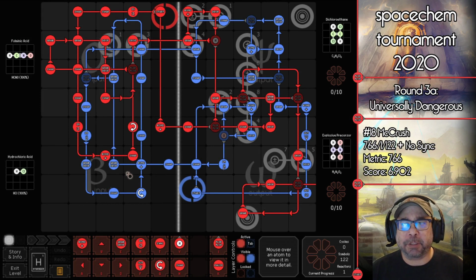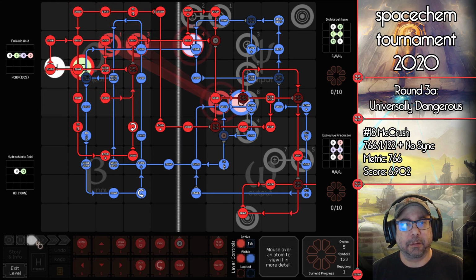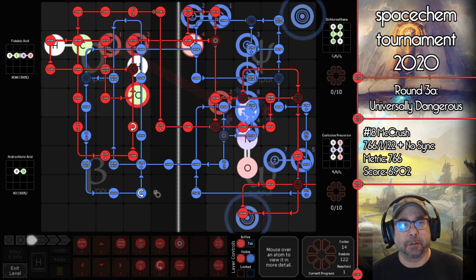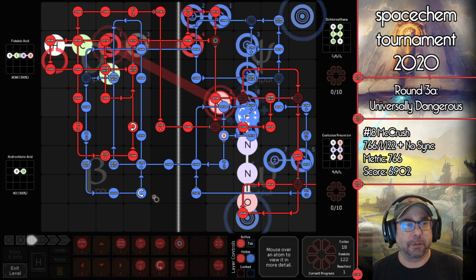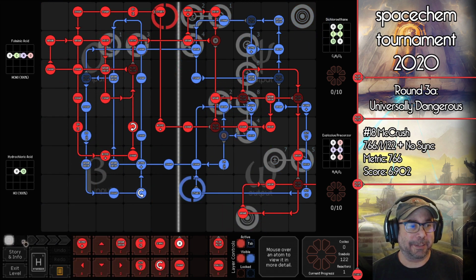Next solution is McCrush's solution at 18th place. Let's go take a look at it. So McCrush, firstly, there's a lot of extra arrows in this solution. Oh yeah. What's going on there? Bottom right. Where else did you see one? There's one on the bottom right. There's one.